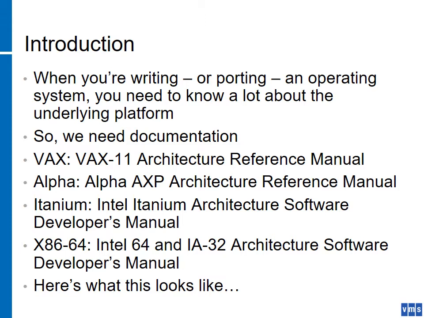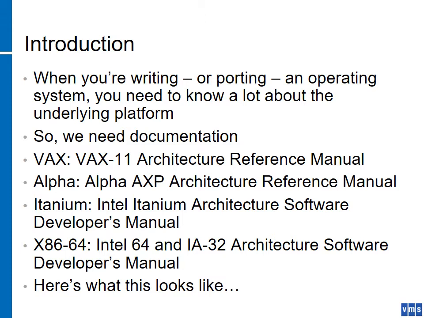For the Alpha, similarly, there's the AXP architecture reference manual, which is sort of a vetted for the public version of the internal systems reference manual. For Itanium, you get the Intel Itanium Architecture Software Developers Manual, and likewise for X86-64, you get the very long name Intel 64 and IA32 Architecture Software Developers Manual.